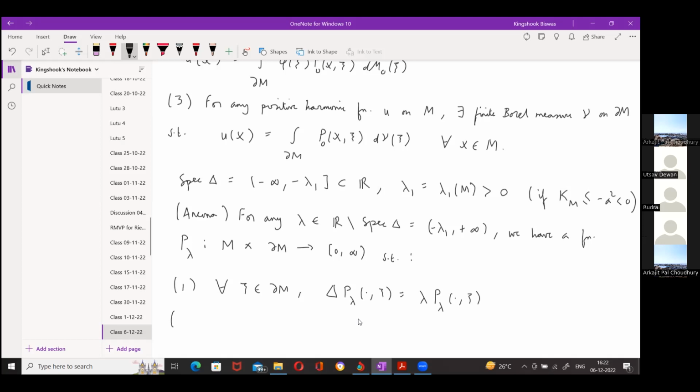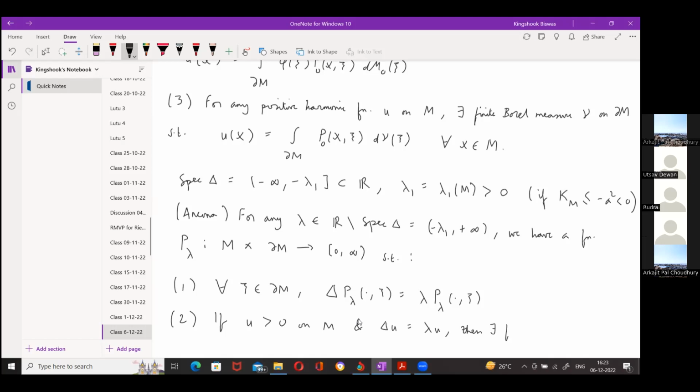And two, if U is positive on M and is a lambda eigenfunction, so delta U is lambda U, then we have the same statement.